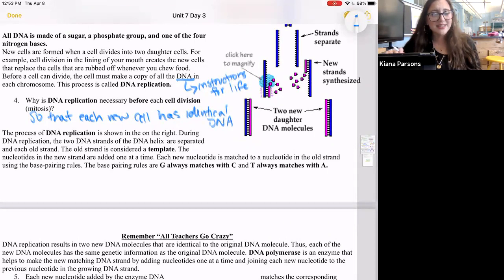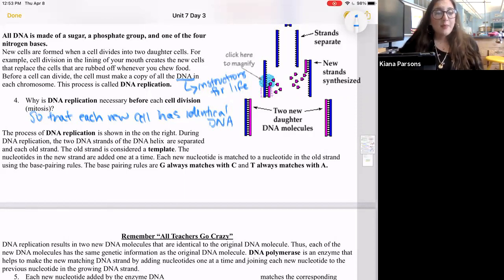Sorry, that sentence is missing a word, but the 2 strands are separated and the 2 old strands serve as templates for the new DNA molecule. The nucleotides in the new strand are added one at a time, and we can see that process happening there in the diagram.